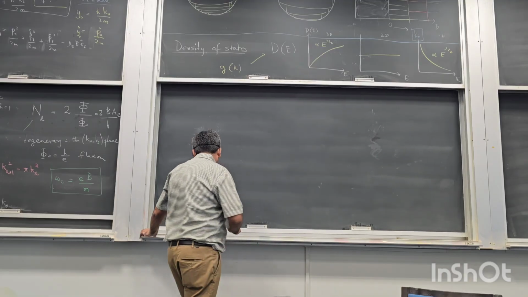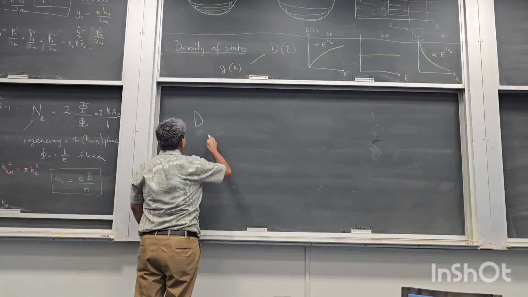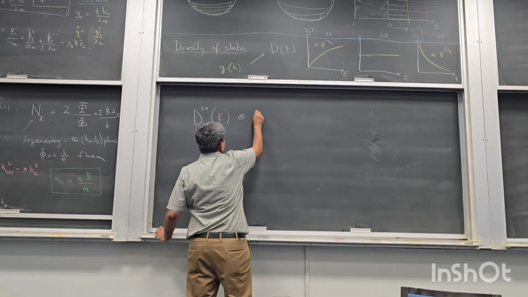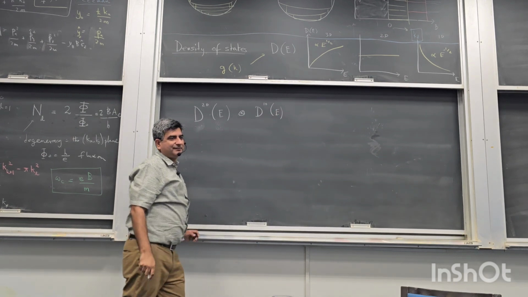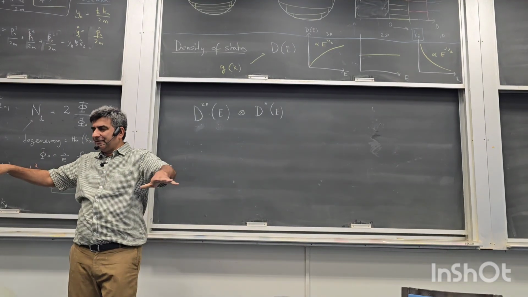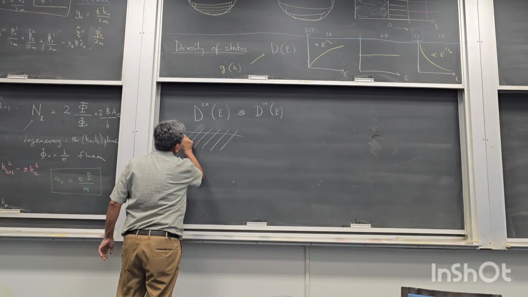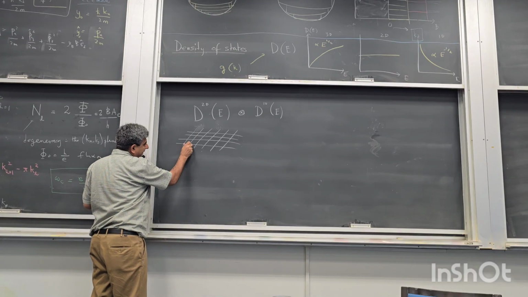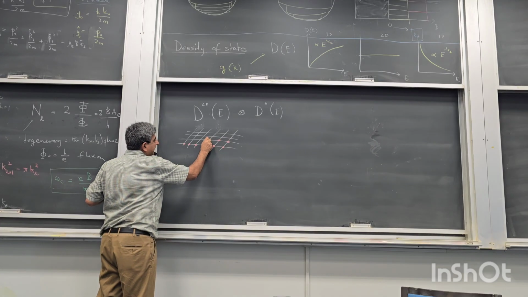Convolution, you've already seen what it means. So if I were to take the 2D density of states and convolve it with a 1D density of states. The 2D structure is a net in the horizontal plane. And these are your K space points, right? Equally spaced.